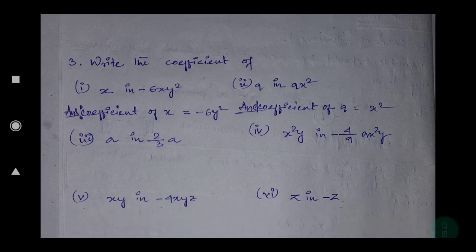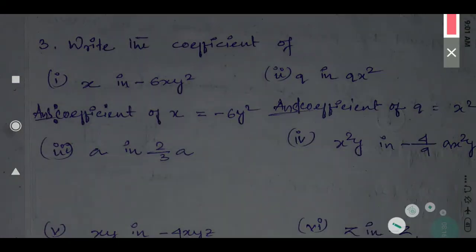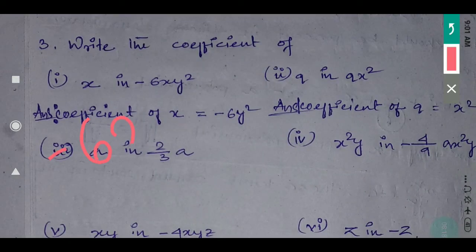See question number 3. Here you should be careful. Here it is not mentioned specifically to find the coefficient of x; whatever is given in the question, that coefficient only you have to find. In question 1 it is given: write the coefficient of x in minus 6xy square. First write the term, minus 6xy square. What coefficient do you have to find? Coefficient of x.